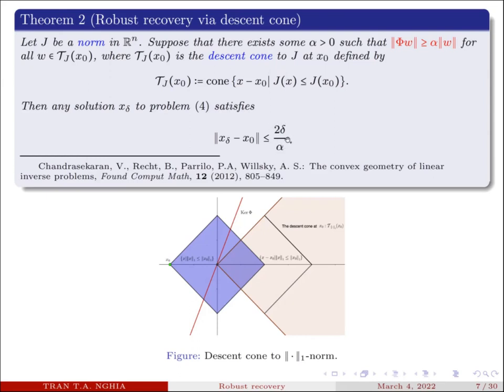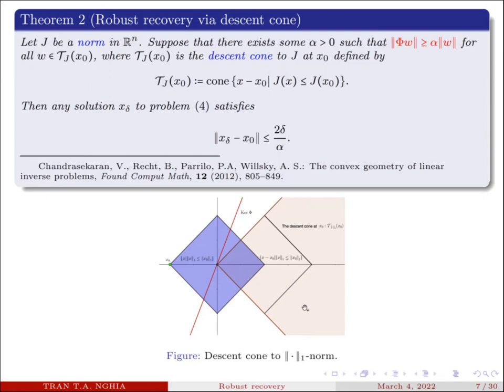So I draw a picture just for the case of the L1 norm. In the L1 norm, the level set is nothing but the diamond right here, the L1 ball. Suppose X naught is this corner. We move it in the direction of X naught, we have this ball, and then we take the convex cone. The pink area right here is the descent cone.